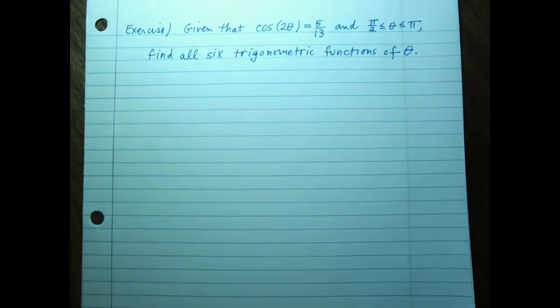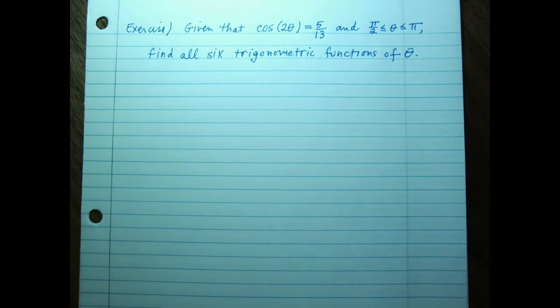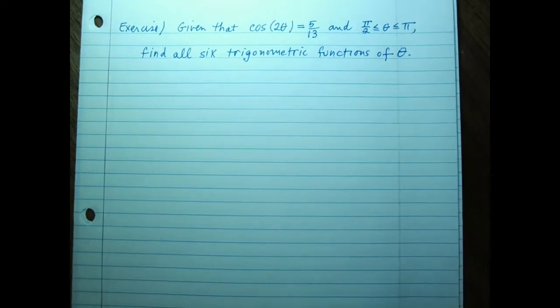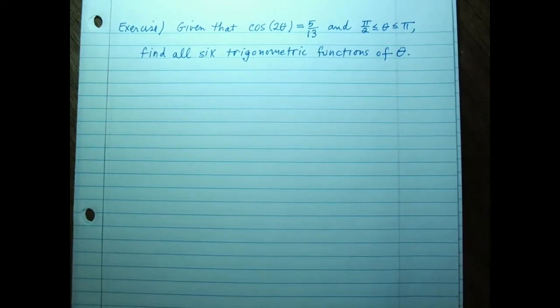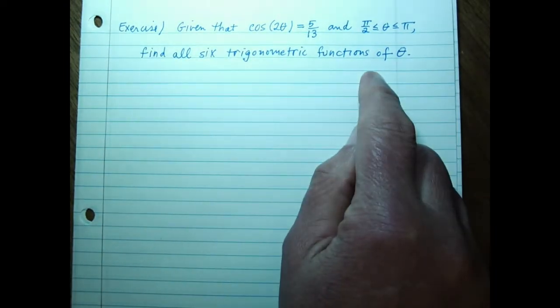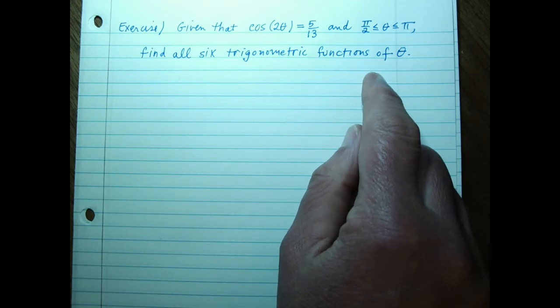And here I have, let's see what's going on. Let's hope it's as easygoing as those two. Given that cosine 2 theta is 5/13, find all 6 trigonometric functions of theta.